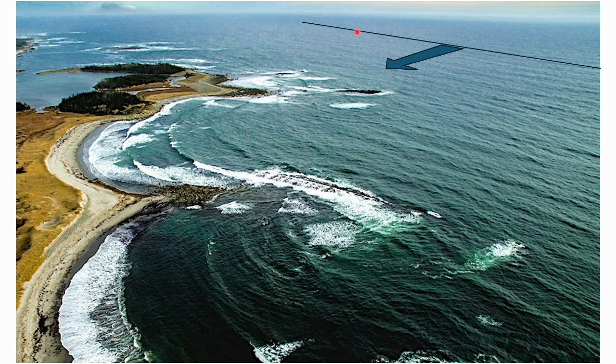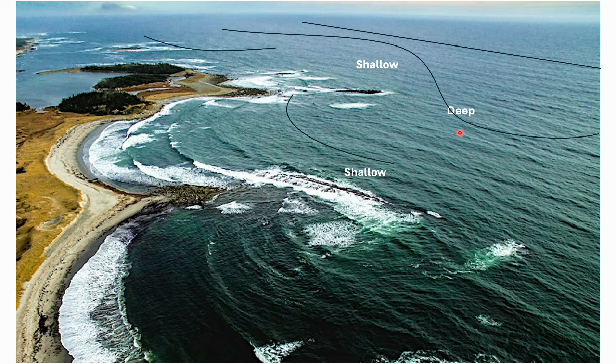So if we think of this at the shallow shore, then what we have is a nice linear wave coming in like this. We have regions which are shallow here, deep here, and shallow here. The wave is slower in the shallow regions, so the wave front gets bent like this, and you see these waves bending round in the bay.